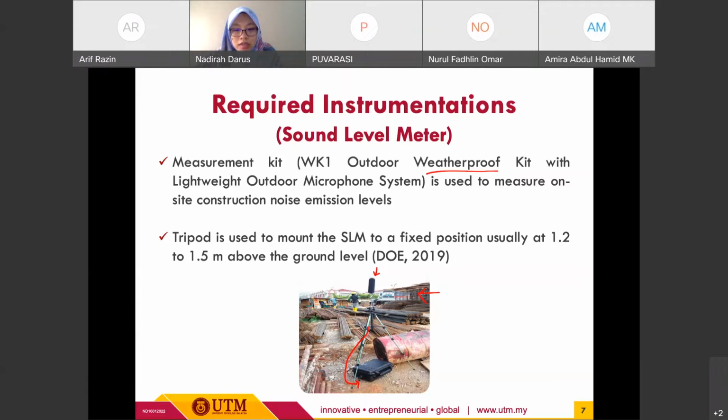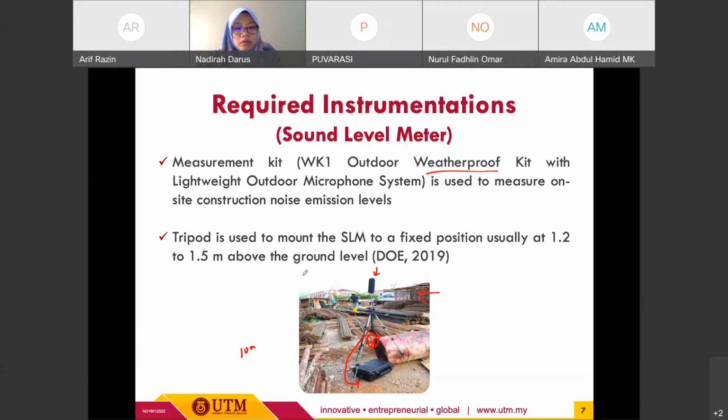So kita boleh letak set up alat ni dekat this point ataupun kita punya measurement point lah, and then kita boleh store this weatherproof kit box ni within 10 meters away. So kalau kita ada tempat menunggu ataupun tempat kita rehat tu, kita boleh bawa lah sekali sebab dia punya kabel quite panjang juga for the purpose of long monitoring.